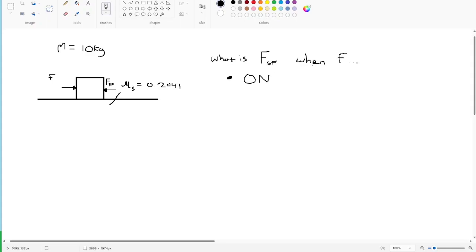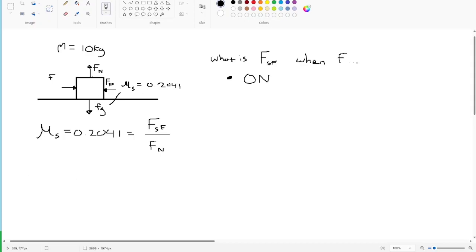Okay, so let's see. If we apply a force of 0 newtons, the coefficient of static friction is 0.2041, which is equal to the force of static friction over the force normal. By this, force normal, we have force of gravity going down this way.